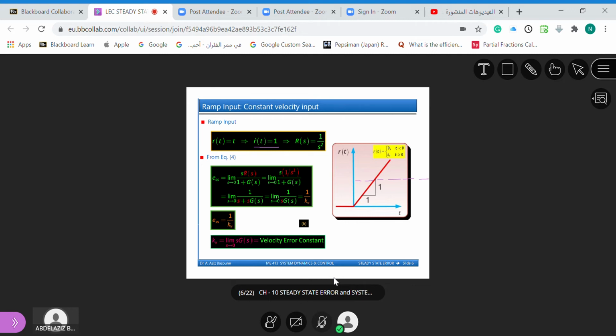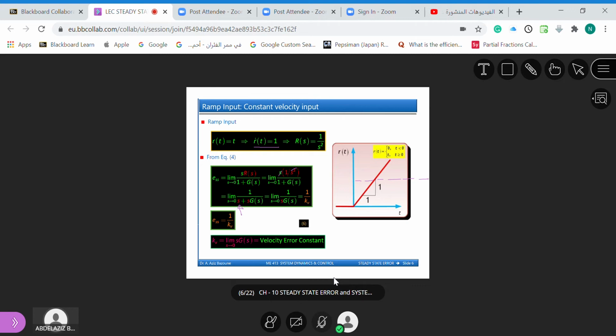This turns out to be the limit of s times 1 over s squared over 1 plus G(s). If you simplify, s with s squared, s will cancel and you will have s in the denominator. So it will be 1 over s plus sG(s). When s goes to 0, the first term goes to 0, and we have the limit of 1 over sG(s).